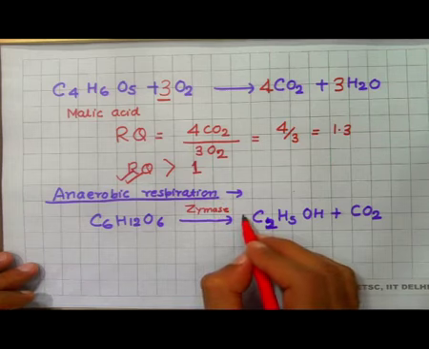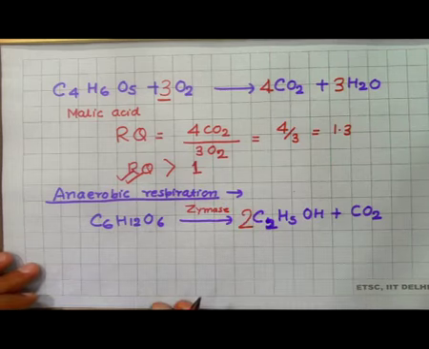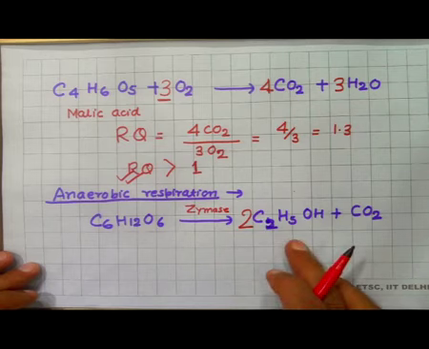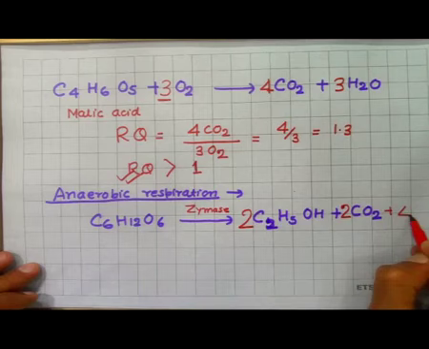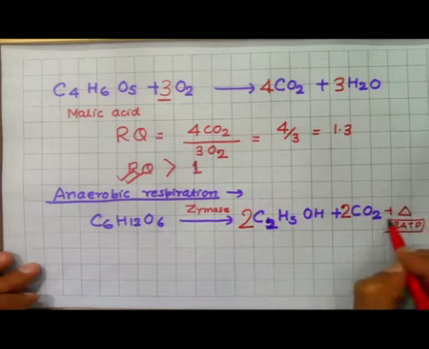When we balance this, 2 molecules of ethyl alcohol and 2 molecules of carbon dioxide are produced, and ATP is much less, only 2 ATP is released in anaerobic respiration.